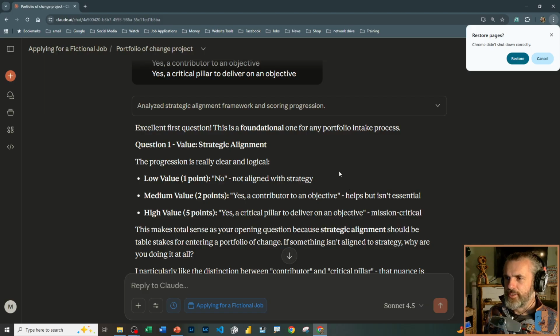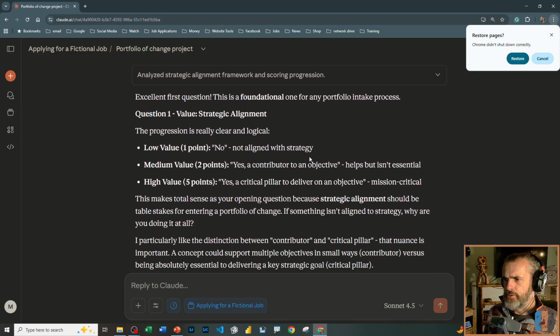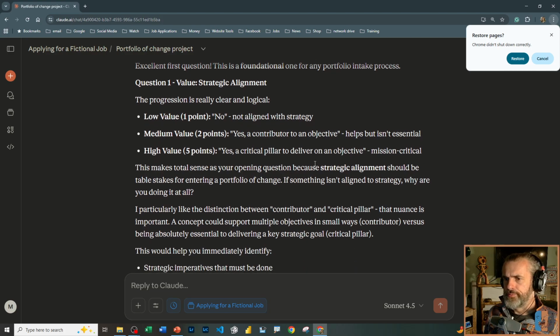Excellent first question. This is the foundational one for any portfolio intake process: strategic alignment. The progression is really clear and logical. This makes total sense as your opening question because strategic alignment should be table stakes for entering the portfolio of change. If something isn't aligned to strategy, why are we doing it at all?